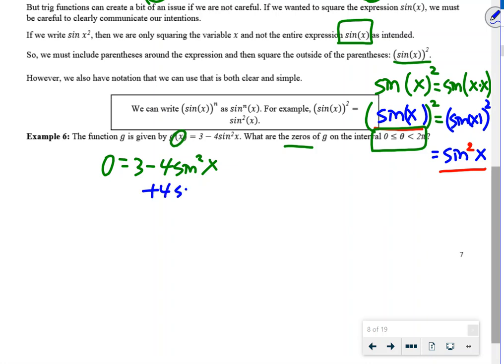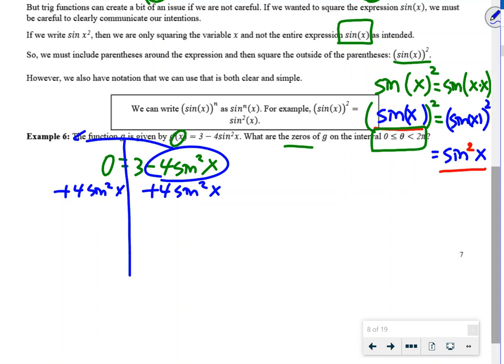So let me add the 4 sine squared x to both sides. Basically you're moving this one to the other side. So from here, these two cancel out. I'm getting 3 on the right, and I'm getting 4 times sine squared x on the left.